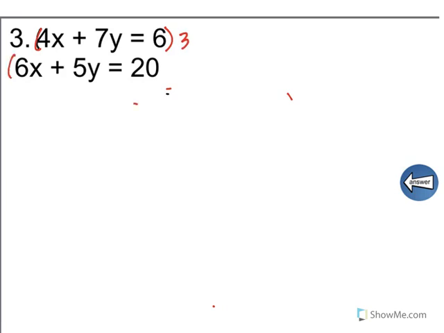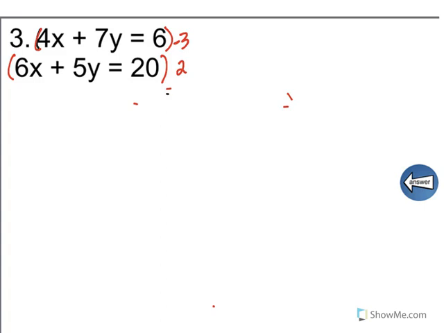And for the bottom, in order to get 12, I would have to multiply everything by 2. Now, one of them I want to make negative, so I'm just going to make the top one negative. So multiply the top by negative 3. Again, that way I have a positive 12 and a negative 12 so that they cancel out.